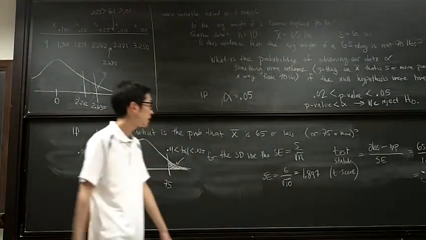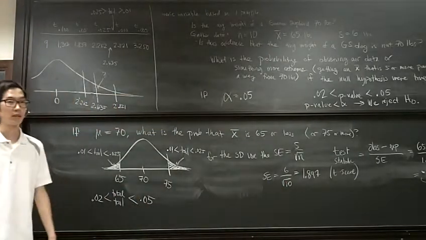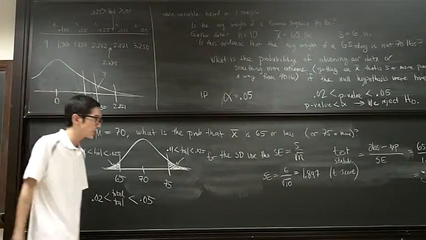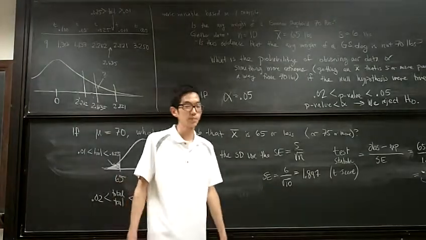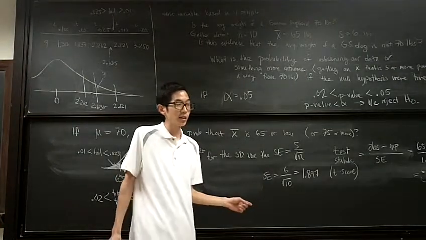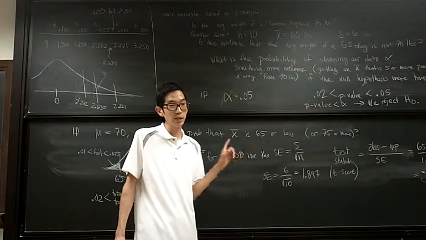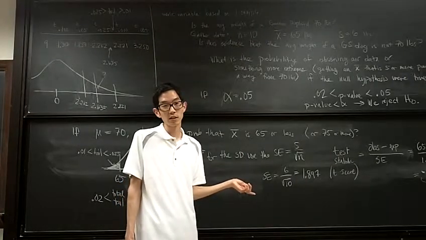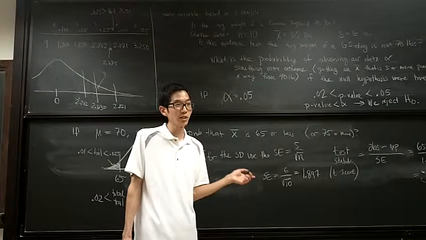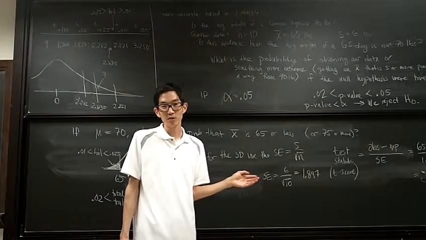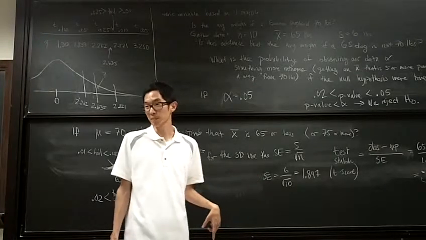Now what was my null hypothesis? That the average weight of a German Shepherd dog is 70 pounds. And so I reject that, and now I say I have evidence that the average weight of a German Shepherd dog is not 70 pounds, but something less than that.